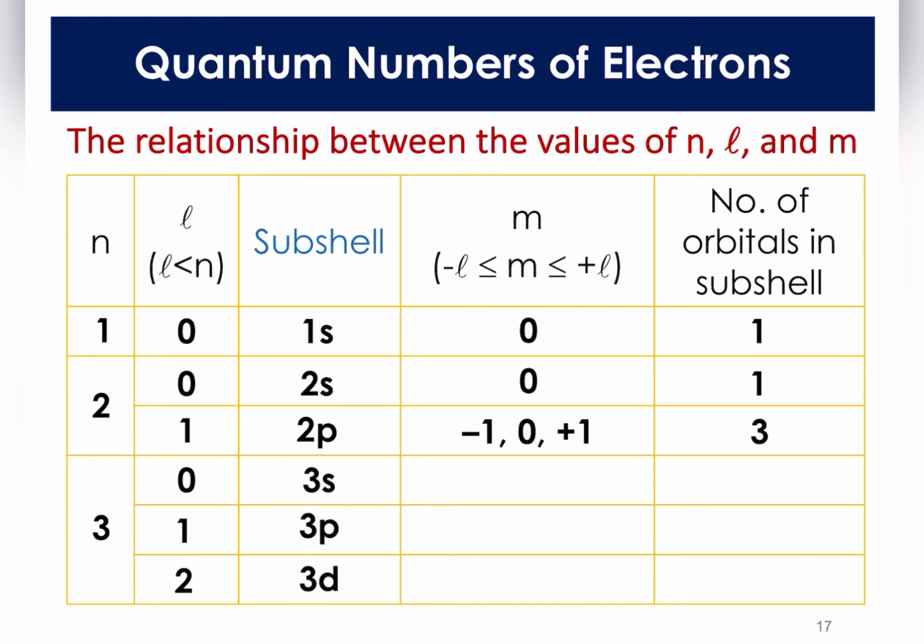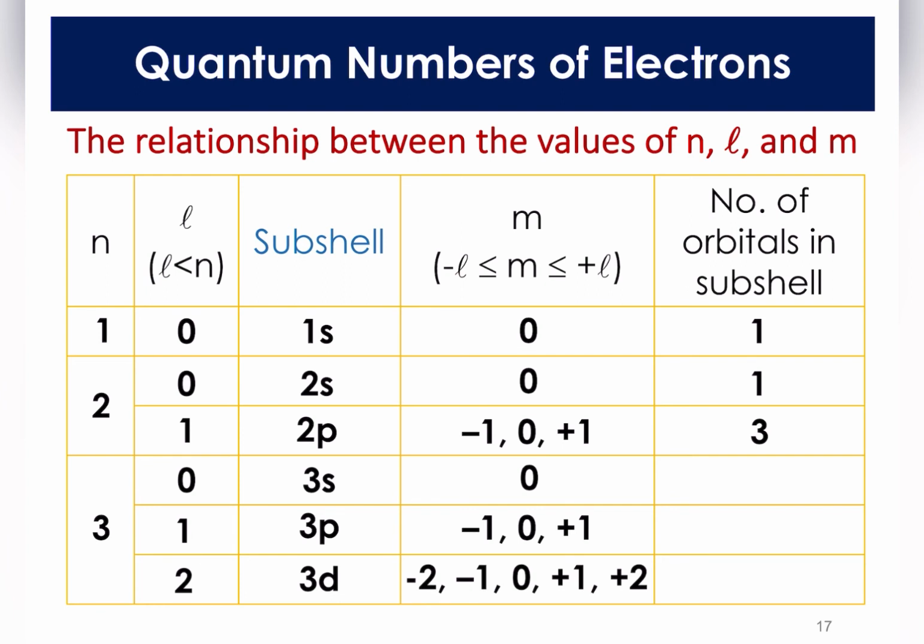The next one, the m value for 3S is going to be 0. For 3P, you have -1, 0, and +1. And for 3D, your value is starting from -2 until +2. So write it down, all of them.